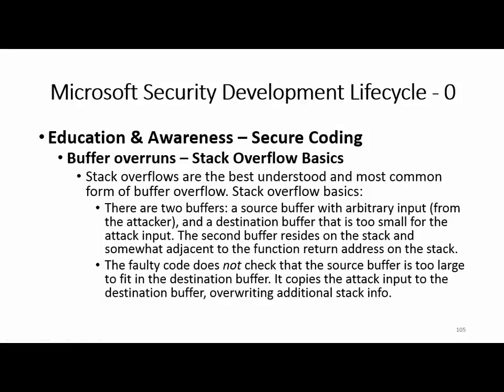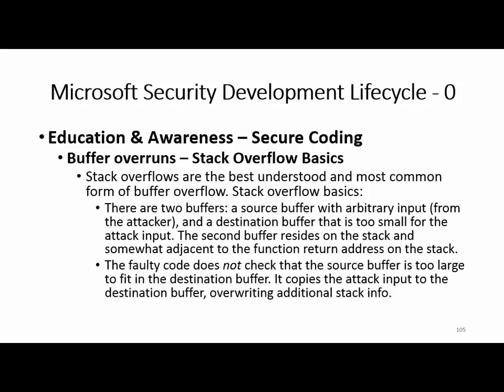All right, as mentioned, stack overflows are the best understood, because that's where most buffer overflow attacks occur. As mentioned, there are two types of buffers: a source buffer with arbitrary input from the attacker, and a destination buffer that's too small to hold that.